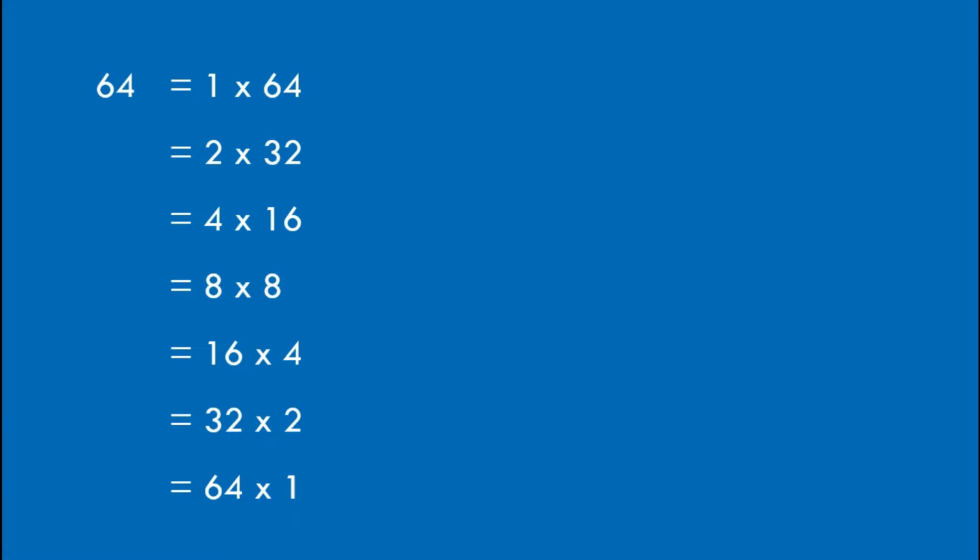When you look at all the factors, one digit is increasing gradually while another digit is decreasing gradually. But when you look at the numbers closely, we get a pattern: after 8 into 8 and before 8 into 8, all the factors are repetitive.